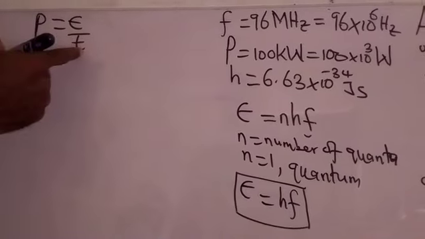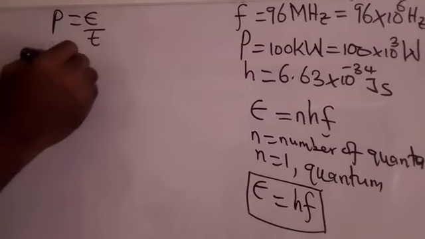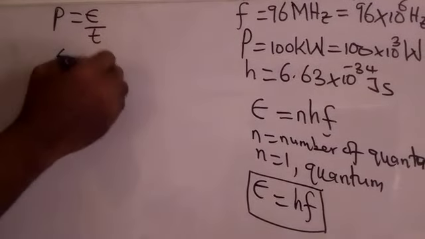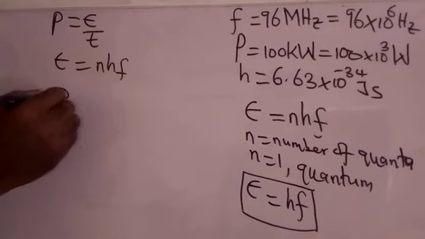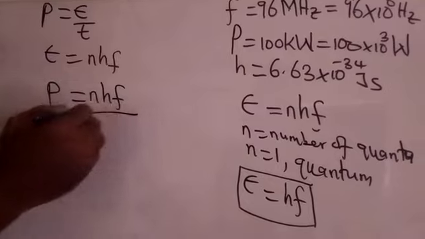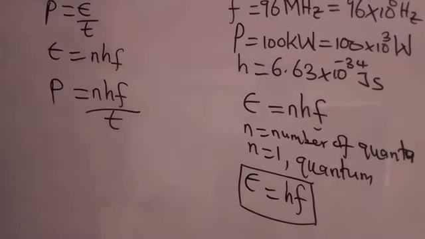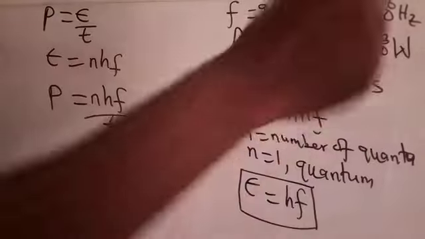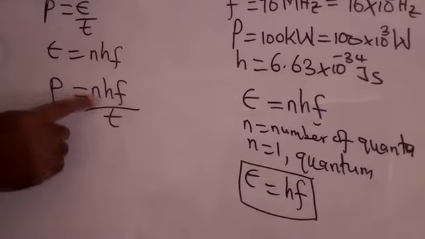If you remember this, and the energy of the photons is nhf, that means we can say power is equal to nhf over time, which gives the number of photons per second.